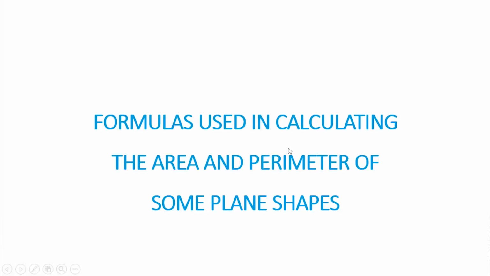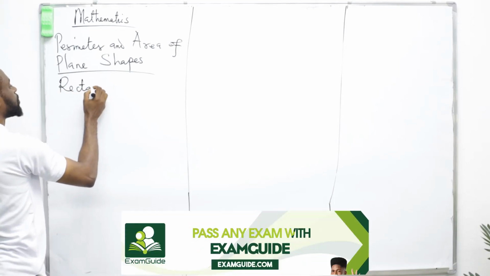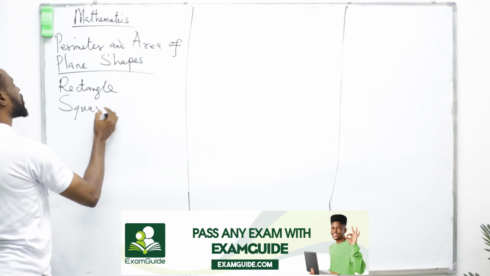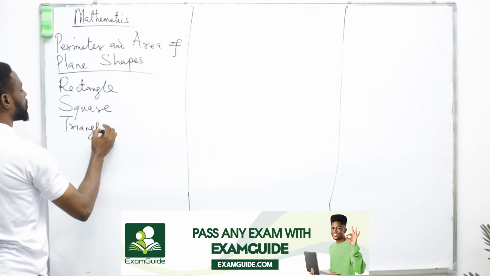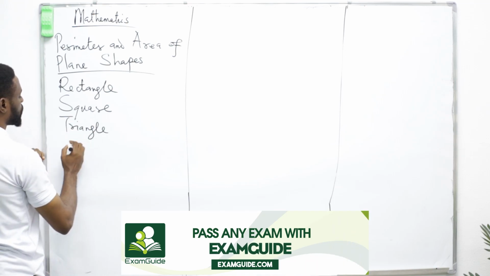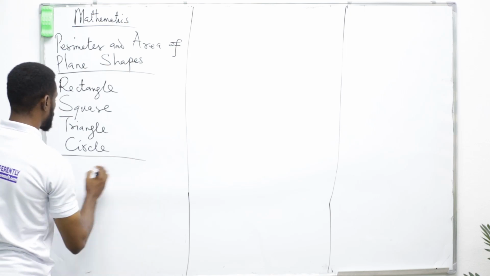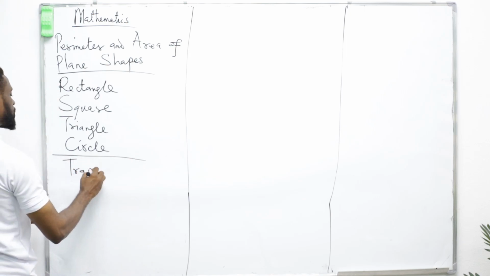So now, the last time we talked about plane shapes, we looked at rectangle, we looked at square, we looked at triangle, we looked at circle. Okay, so today we'll be considering trapezium.